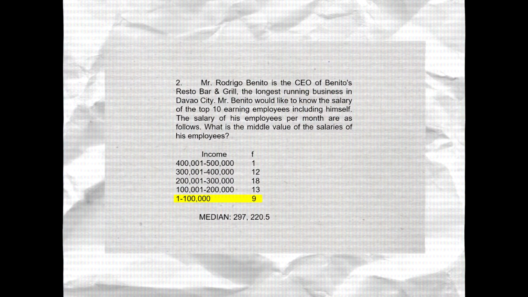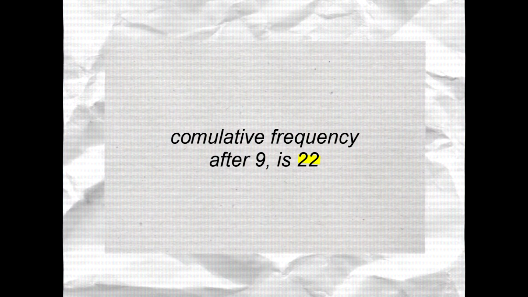Which is why in the problem, you can see that the frequency of the class of 1 to 100,000 is the same with its cumulative frequency, which is 9, because we need to have that act as our base point in order for us to get our succeeding cumulative frequencies. Which is why, as you can see, 9 plus 13 equals 22, which is why the cumulative frequency after 9 is 22. Hence, we just repeat it until we complete the table.